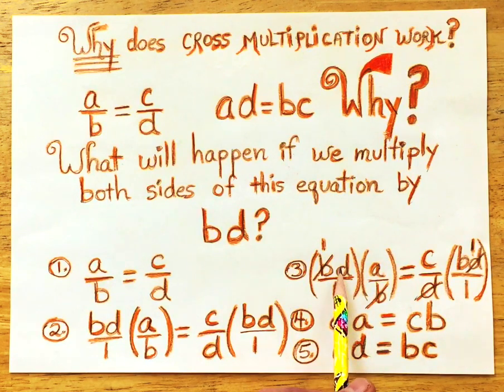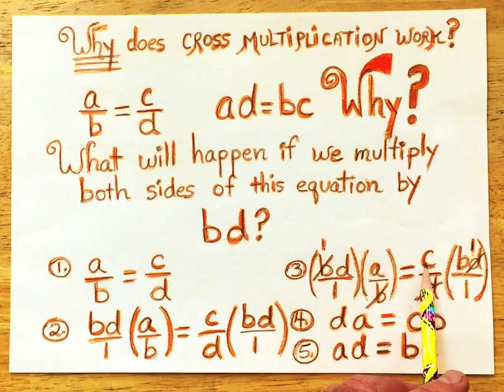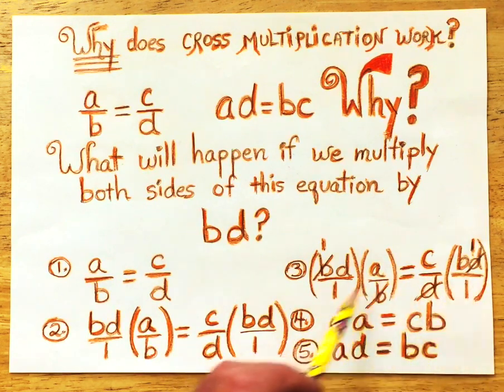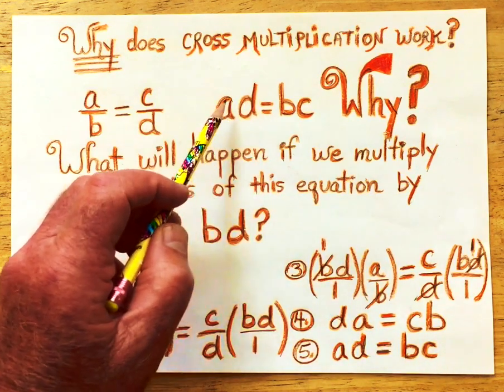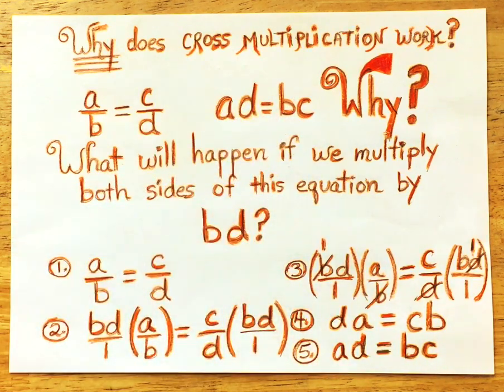We're left with D times A equals C times B. Those ones don't really matter here in the denominators. DA equals CB. Aha! Well, by the commutative property, we can just change the order and we get A times D equals B times C, which is just what we get by cross multiplying.